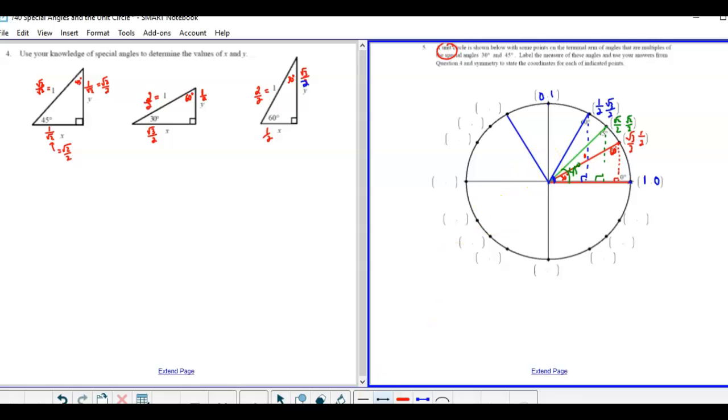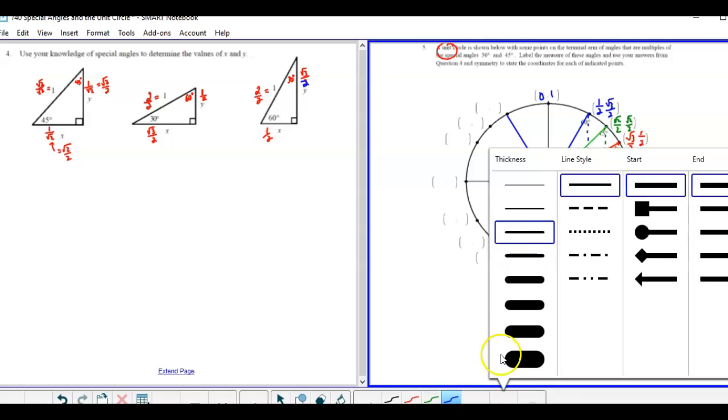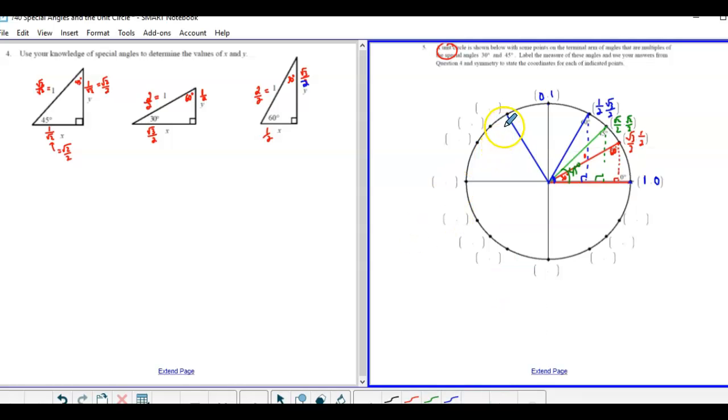So think about what's going to happen when we look for our x and y coordinates. If I drop this down here, okay, then this distance is going to be the same as this one, except in the negative direction. So this is going to be negative 1/2, and the y value will be the same because it's directly opposite. So that's going to be root 3 over 2.